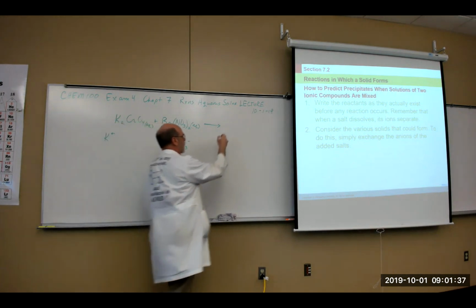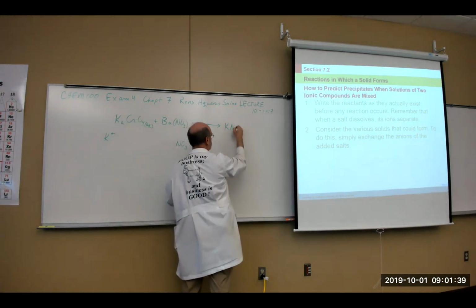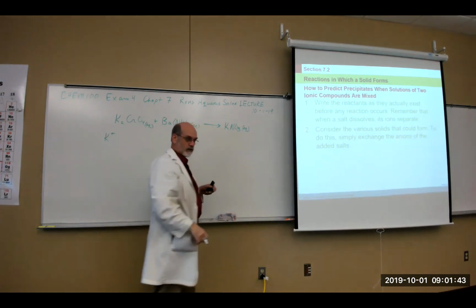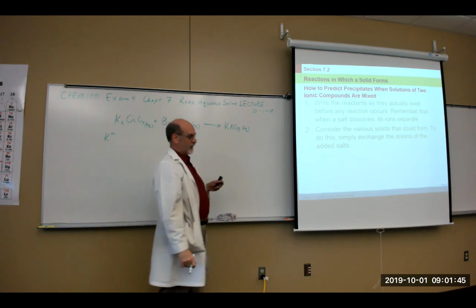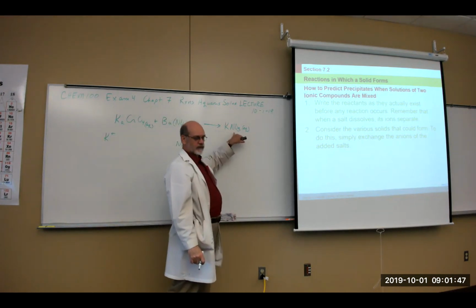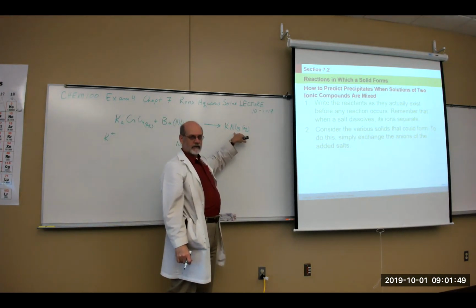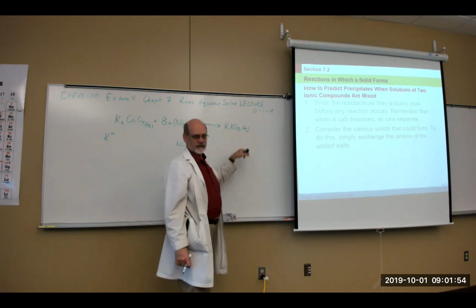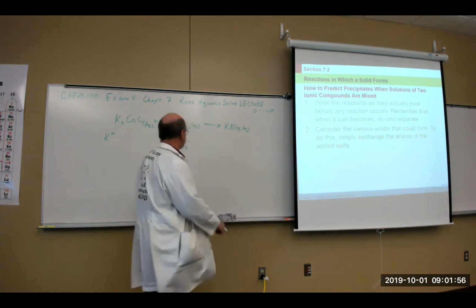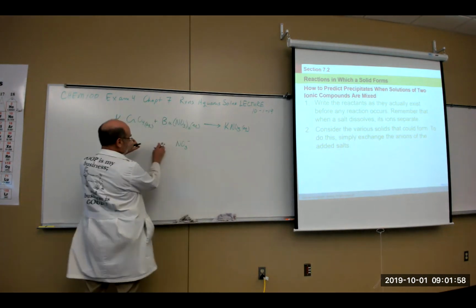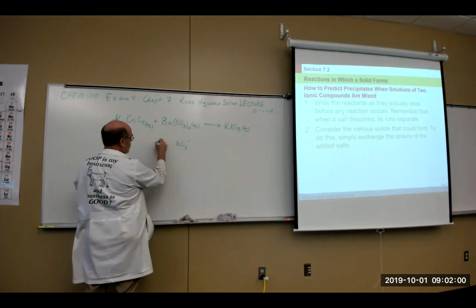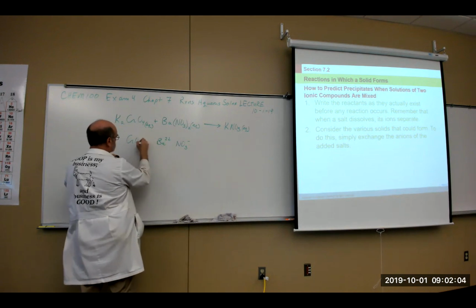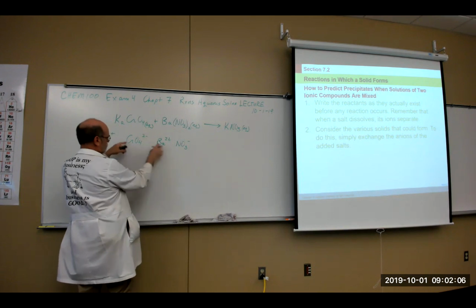So we get potassium nitrate. And we look it up and find that it's soluble. In fact, it's a double whammy. Potassium salts, sodium and nitrate salts, they're all soluble. So that guarantees solubility for potassium nitrate. And then the other possibility is barium ions plus the chromate ions. They interact.